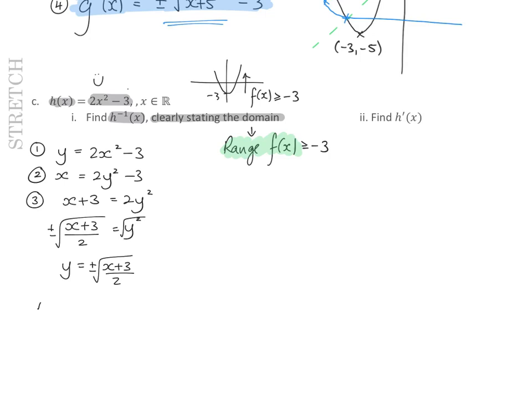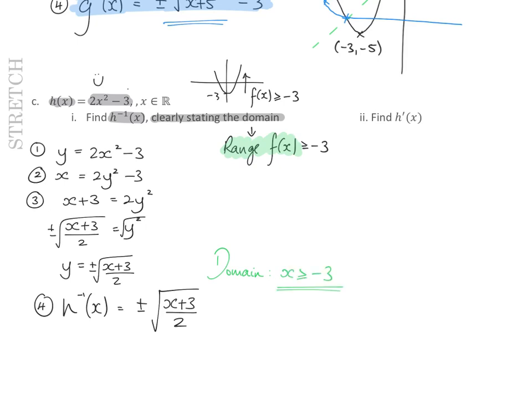So finally, step number 4, h minus 1 of x equals, and the domain is x is bigger than or equal to minus 3, because domain's the inputs.